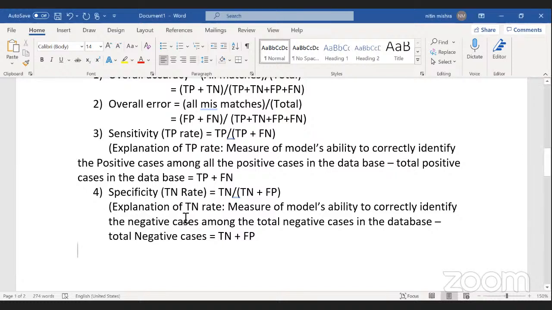So there is something called the false positive rate.